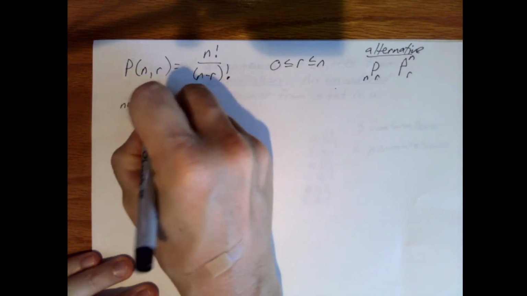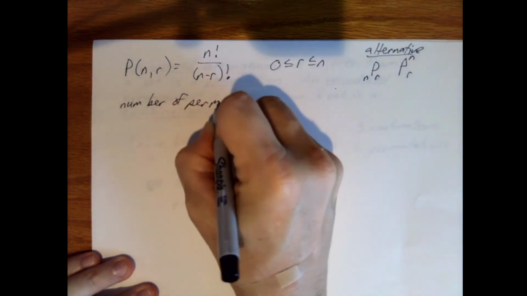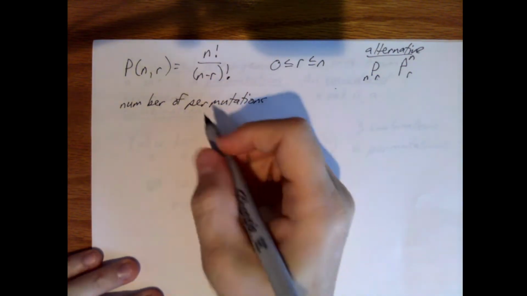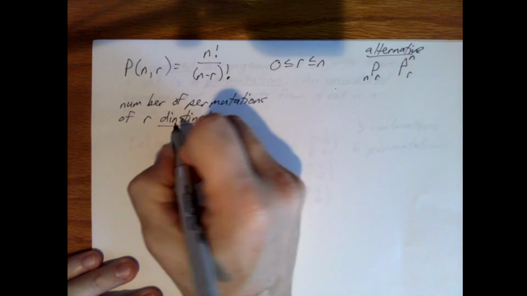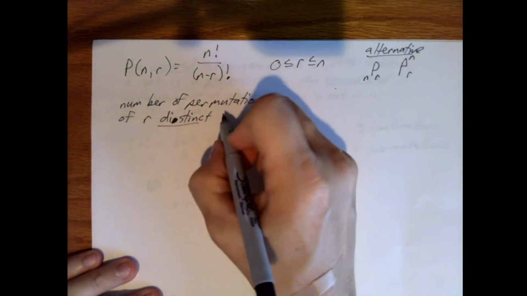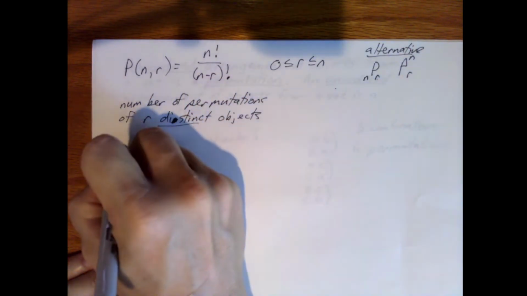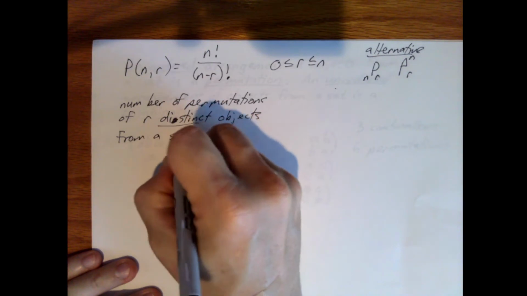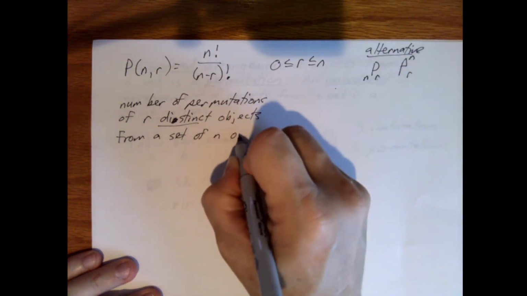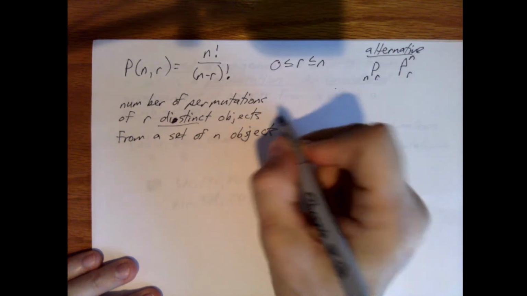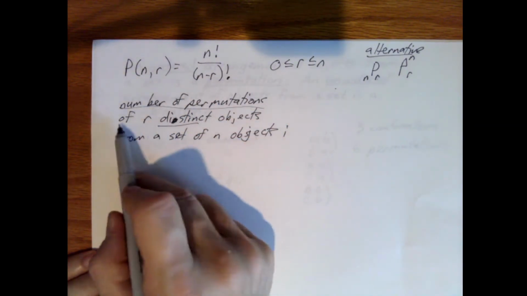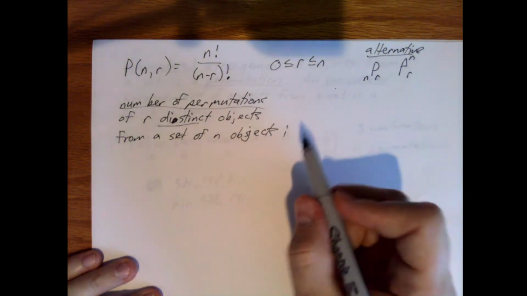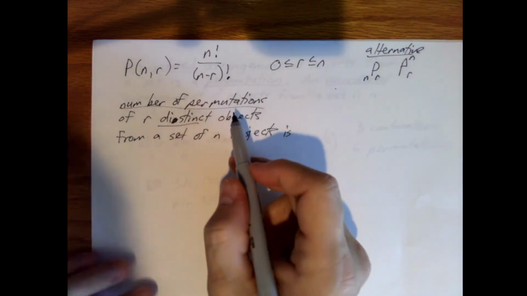So how do we use this? The number of permutations of r distinct objects from a set of n distinct objects is given by this formula.